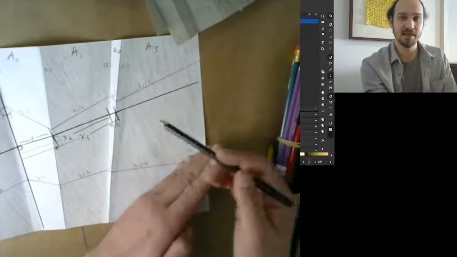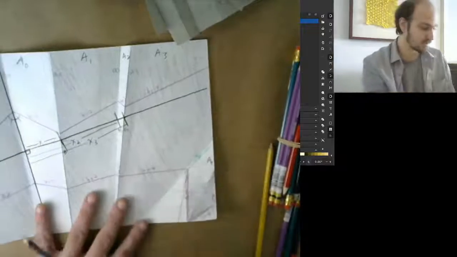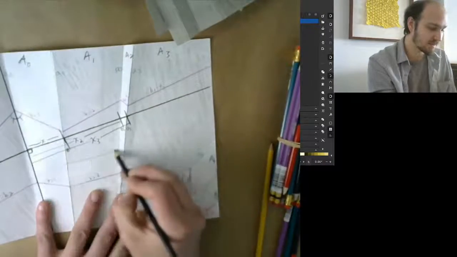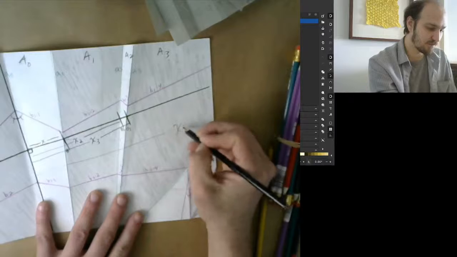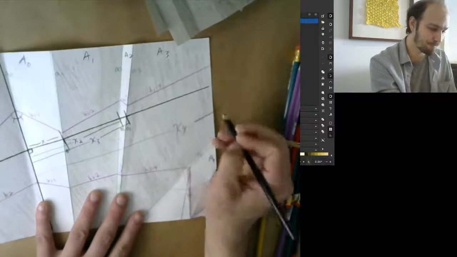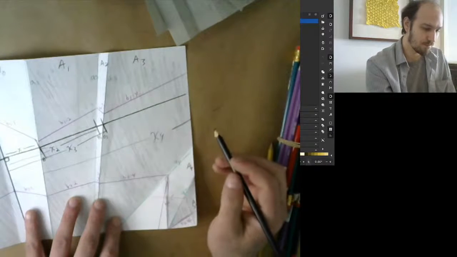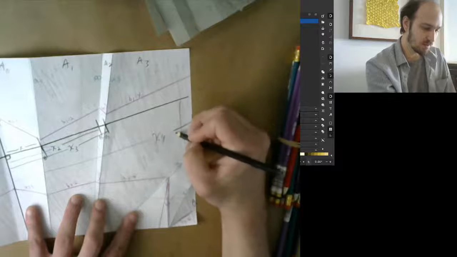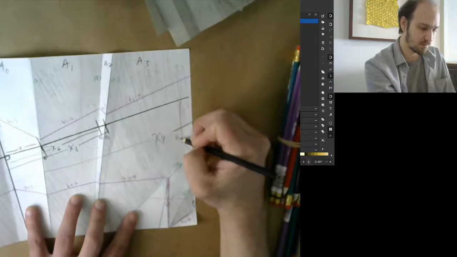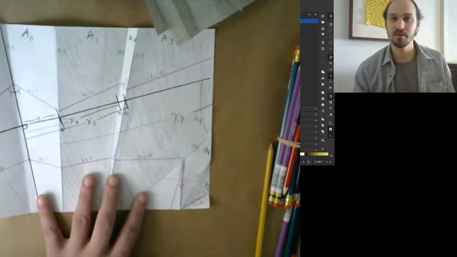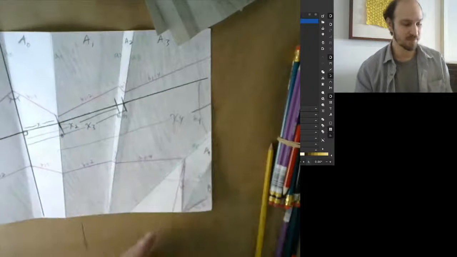It still has to have some relationship. So this is going to be some distance x4, and then some new theta over there. And then the same thing with A5.